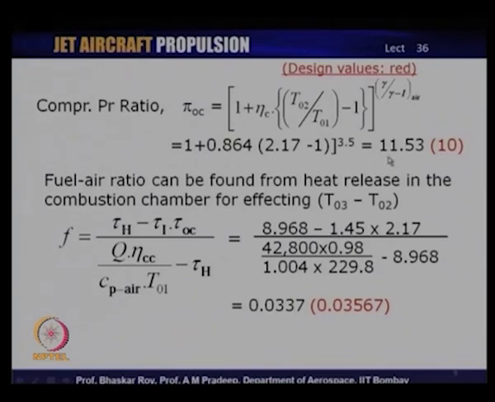We see here that at the off design point we have a pressure ratio which is 11.53, using the simple thermodynamic relations that we have done before, probably more than once. This means that we are now getting more compression at off design condition compared to the design point compression ratio that was prescribed for the engine.